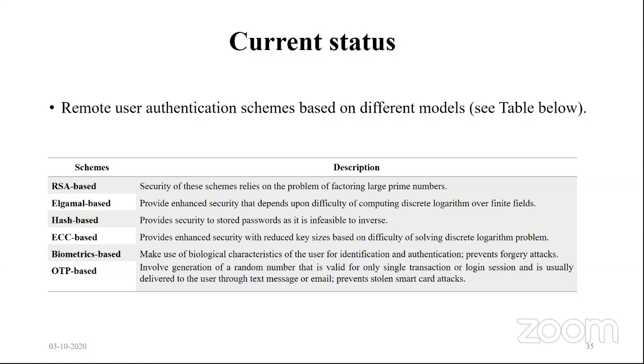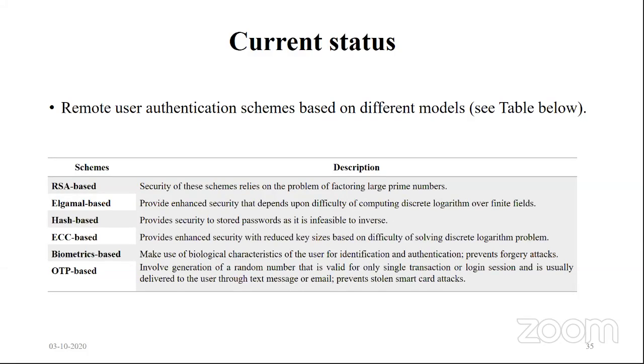Then there can be biometrics-based schemes, in which the biometric information of the user is used for identification and authentication, and these basically target forgery attacks, because biometrics are normally unique, so one cannot pretend to be a genuine user. Then there can be OTP-based schemes, in which a one-time password is received on the linked device, and if you are the person holding the device, then one cannot misuse the ongoing communication.